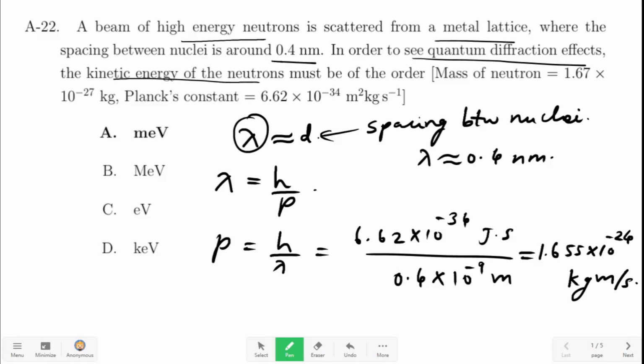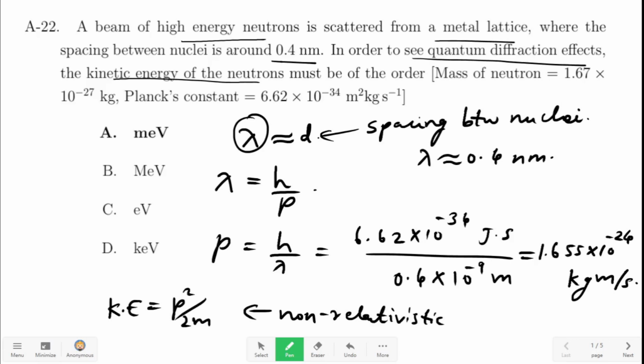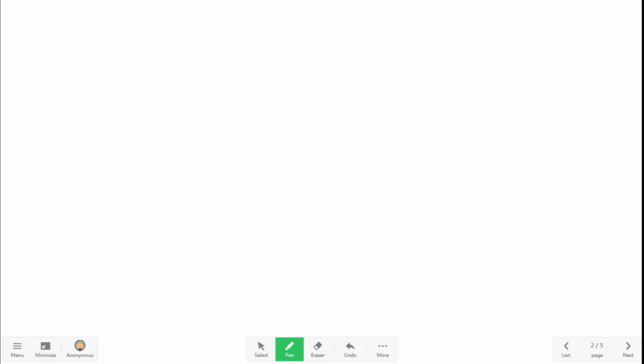Kinetic energy in the non-relativistic case is kinetic energy is equal to p square by 2m. This is the non-relativistic case. In the relativistic case, kinetic energy is equal to total energy minus m naught c square, total energy minus rest mass energy.